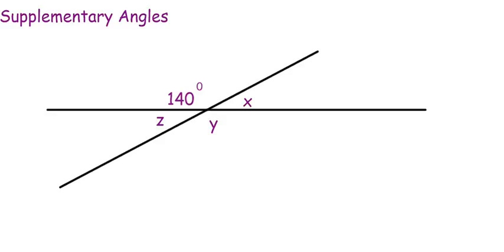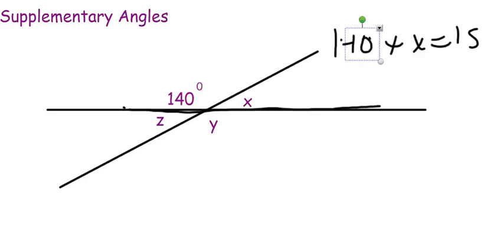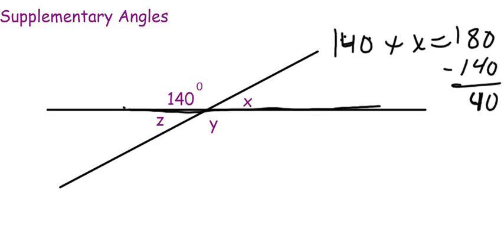So if I wanted to find the values of x, y, and z, I could start with 140 and solve for x first, since I have this line right here. That means 140 plus x equals 180. So I would subtract 140 from 180, and x would equal 40 degrees.